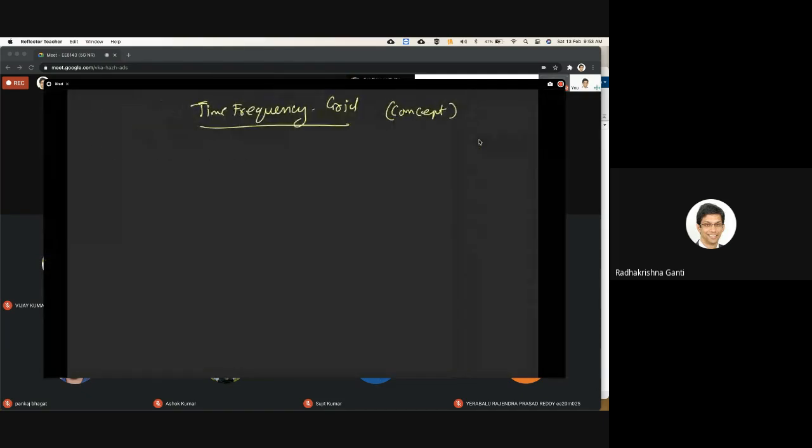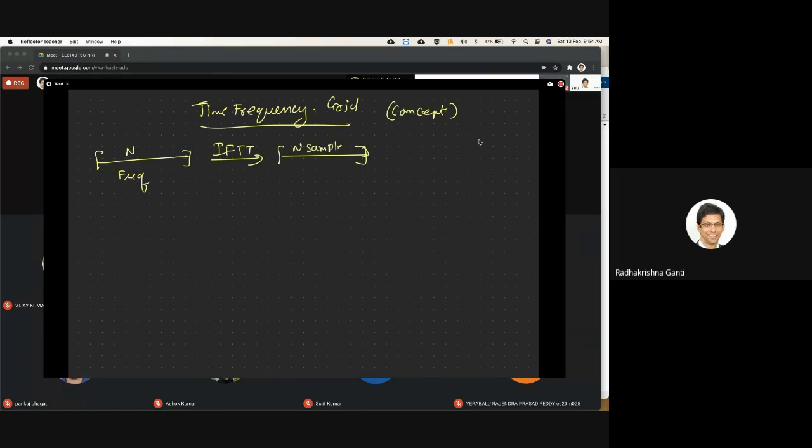Now in the frequency domain, we have N subcarriers. You take your IFFT. What you get is again N samples, N samples in the time domain.